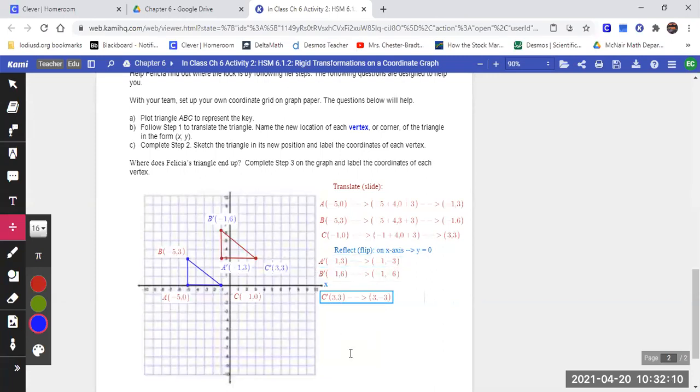So we have 3 new locations. We have to graph these new ones. -3, -1, +3 turned into -1, -3. So we'll get my dot. -1, -3. -1, -6 for the B. And +3, -3.